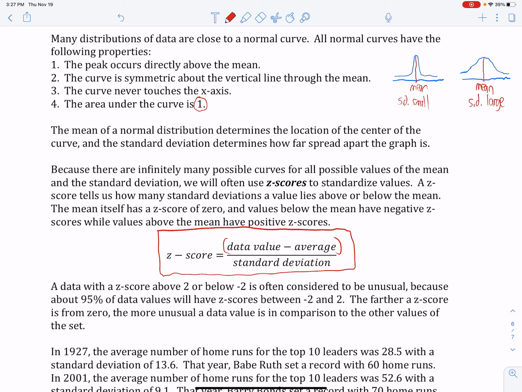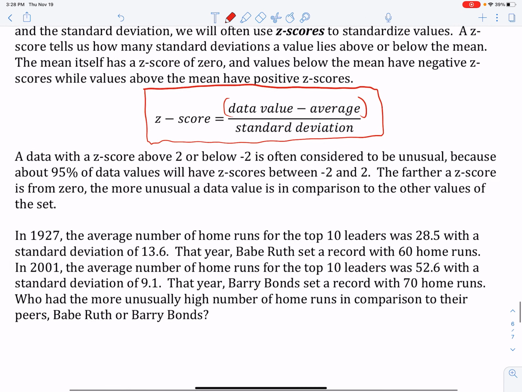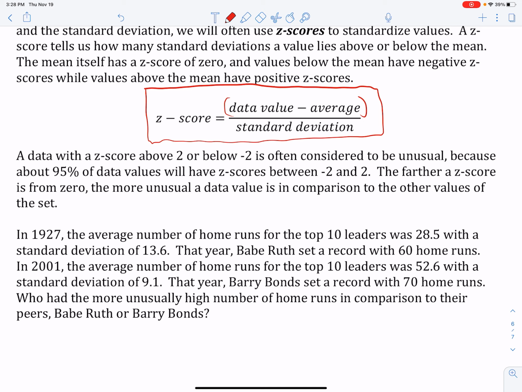People will use z-scores in statistics a lot. One thing they do is they use z-scores to figure out if data values are outliers. Just an approximate rule of thumb is that a data value with a z-score above 2 or below negative 2 is considered to be pretty unusual because 95% of your data values are generally going to have z-scores somewhere between negative 2 and 2.